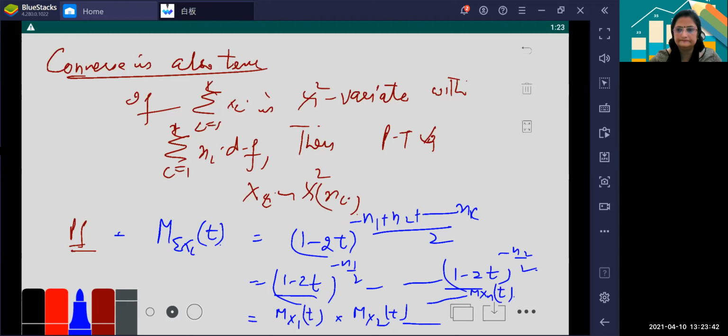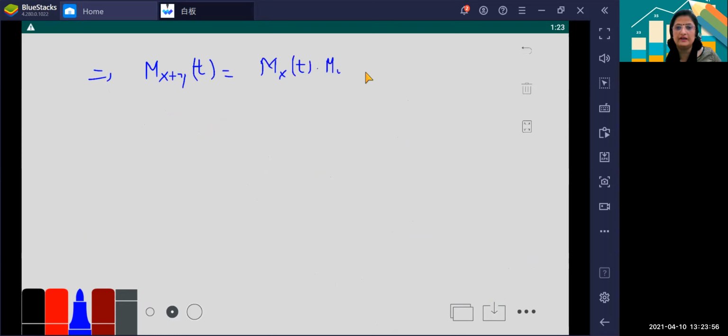Is it clear? So therefore one thing we found out from here. It implies that when you are able to write m of x plus y at t is equal to mxt into myt, it means the variables are independent.